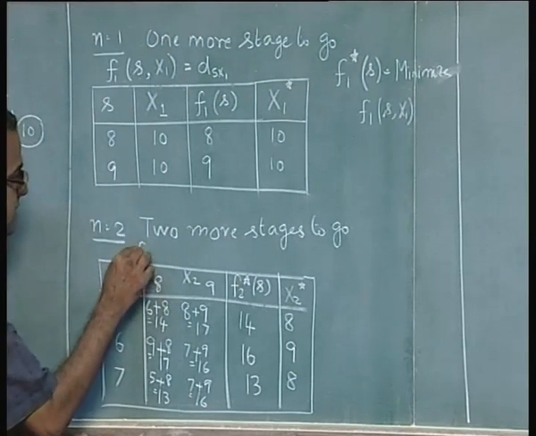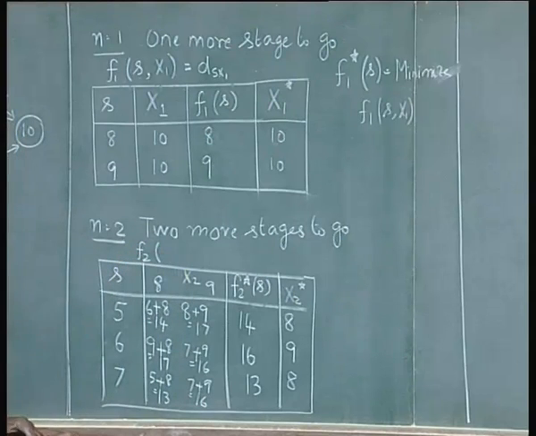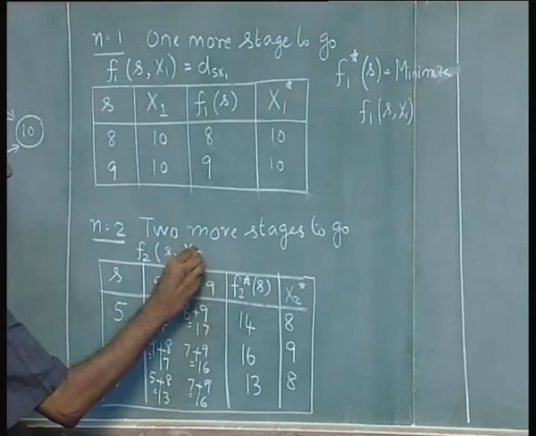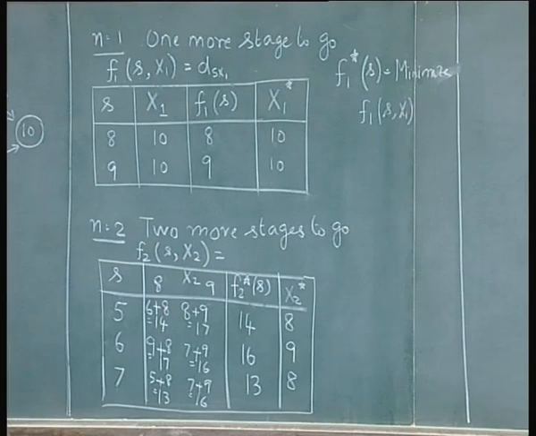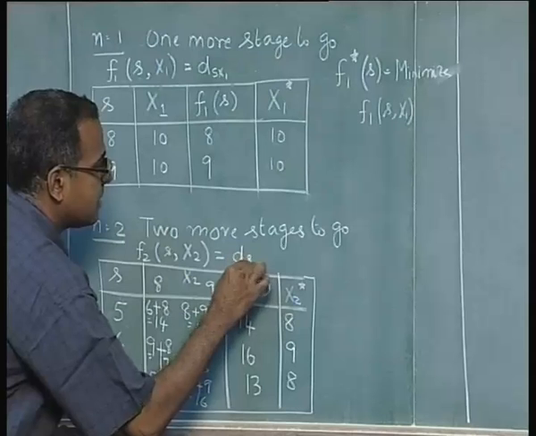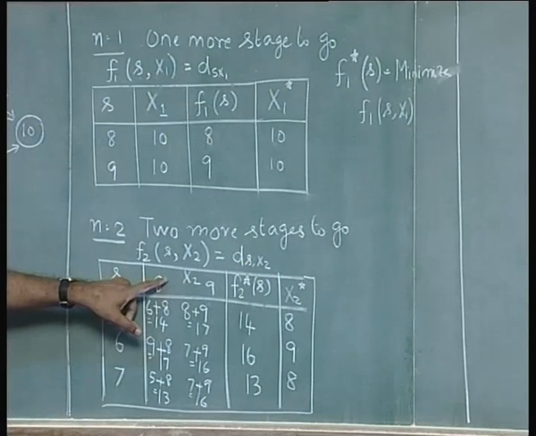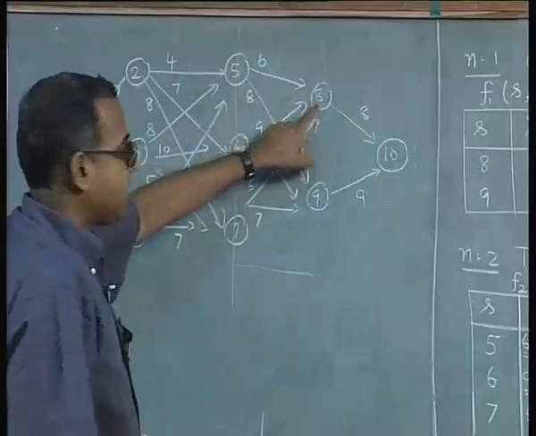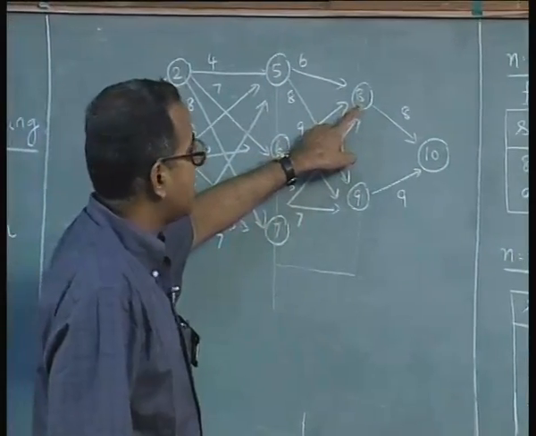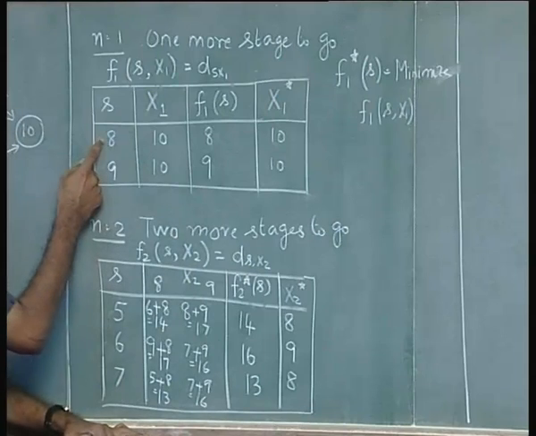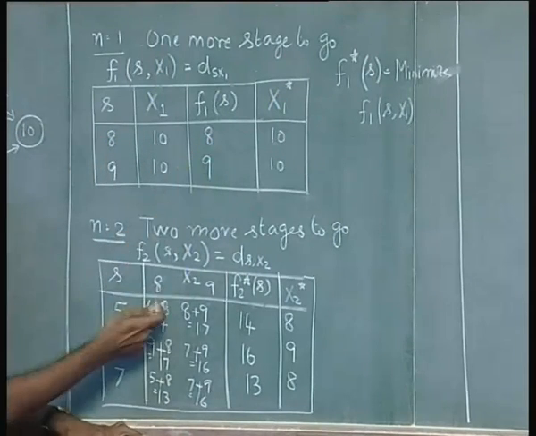Now we have two stages to go. So f2, I am in a state S, I decide to go to city x2. Now that is d S x2. For example, if I am in 5 and decide to go to 8, it is d 5 8 plus the best way to reach from 8, which is f1 star of 8. f1 star of 8 is another 8 which is added here.